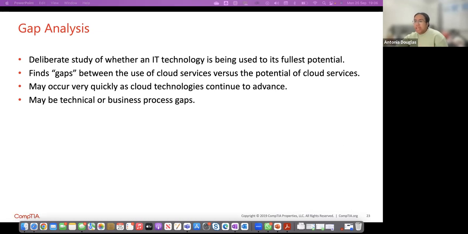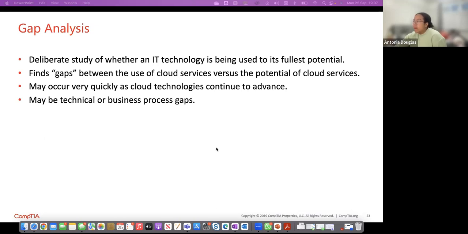Gap analysis takes place across many different sectors. It doesn't necessarily have to be IT or technology. But in this case, it's a deliberate study of whether IT is being used to its fullest potential. And there may be a gap in current business use of a cloud service versus potential benefits of the service.